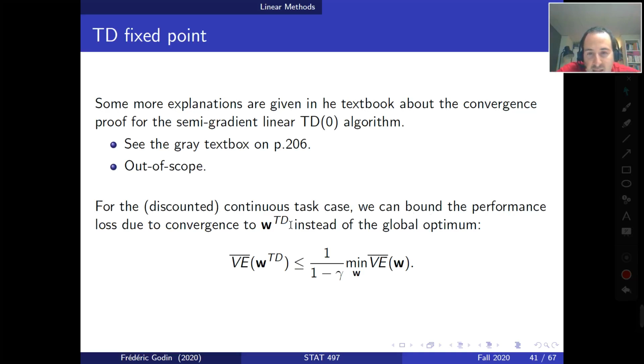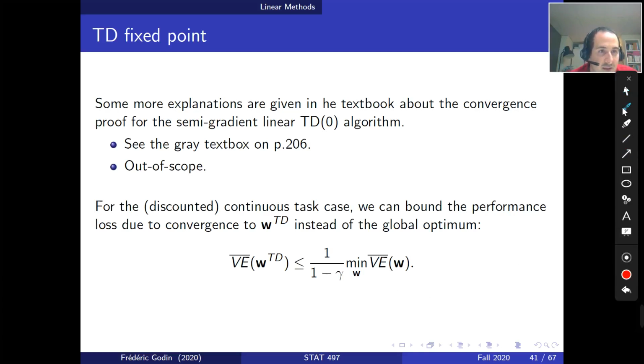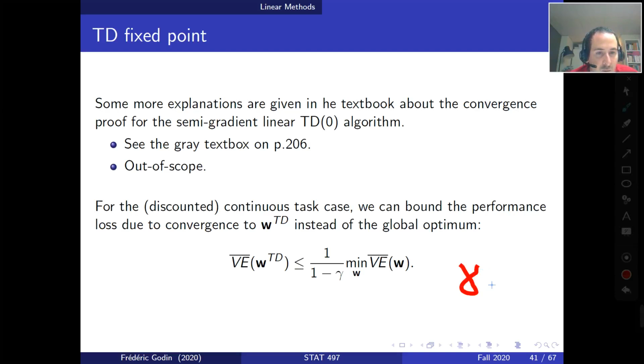And this bound says that the objective function, so the mean square error of the value function at the TD fixed point, should be smaller or equal to 1 over 1 minus gamma, the discount factor, times the true minimum of our objective function. So for example, if gamma is 0.5, so you have a discount factor of 0.5, then this would be 2.